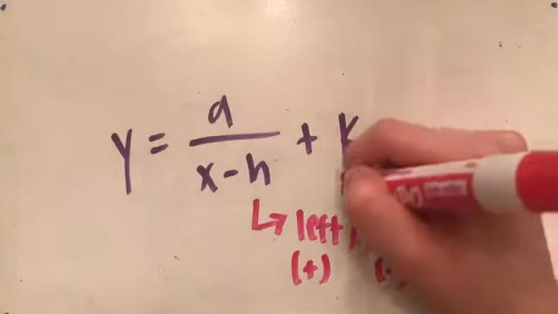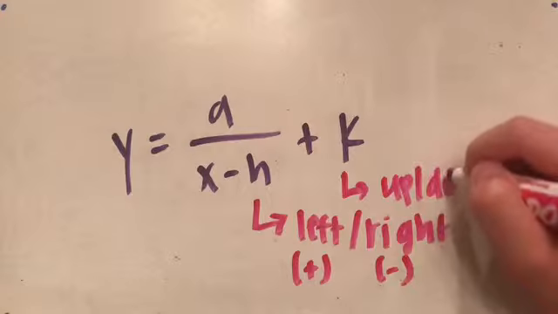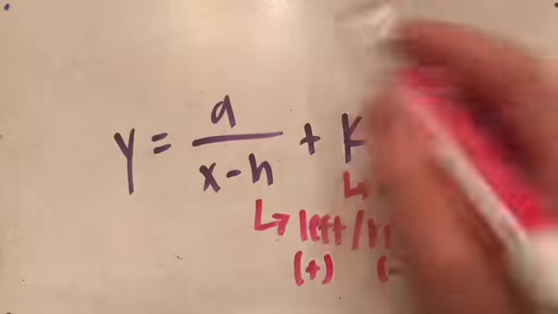Then k shifts the graph up and down, and it's normal, so up is plus and down is minus.